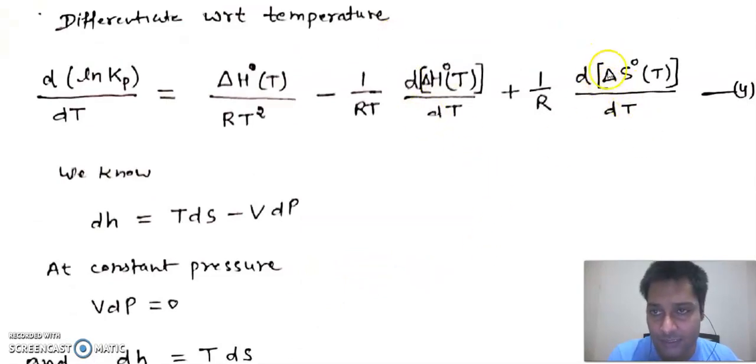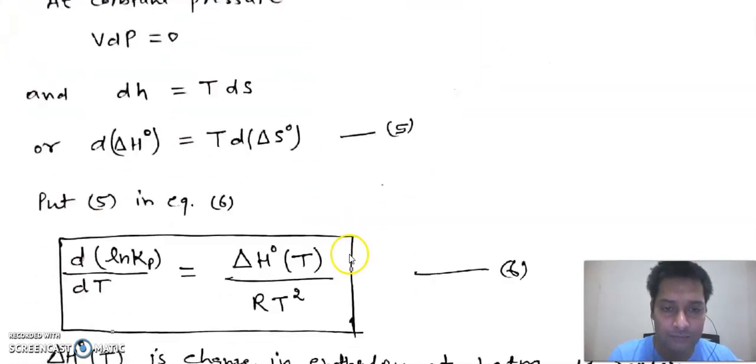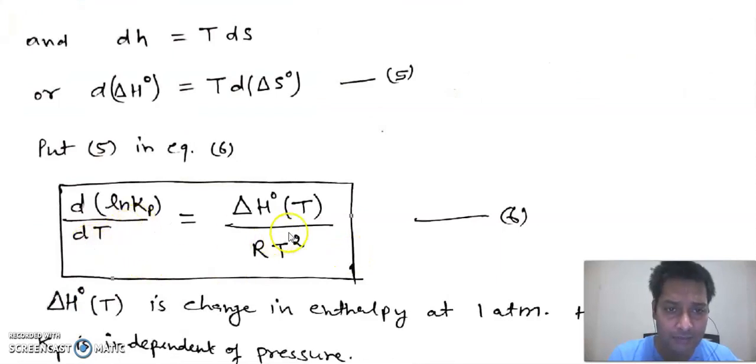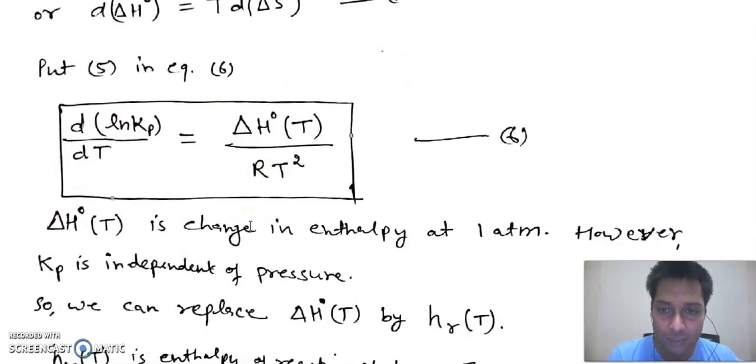If you replace delta S by delta H, these two expressions will be identical and will cancel out, and we are left with only this term. So the final expression is d ln Kp by dT equal to delta H by RT squared. Here delta H is the standard enthalpy change, which happens at 1 atmospheric pressure.